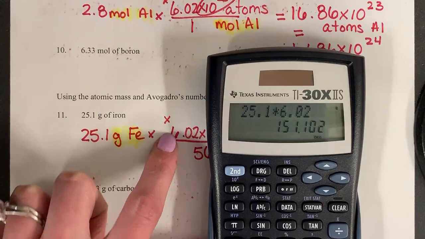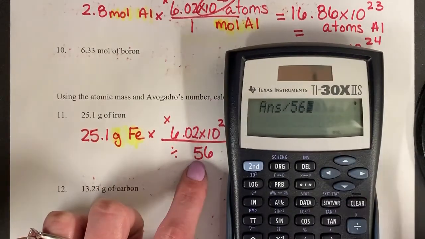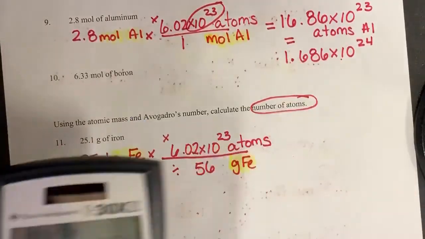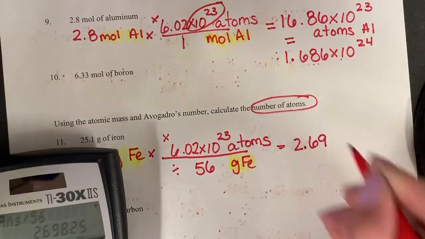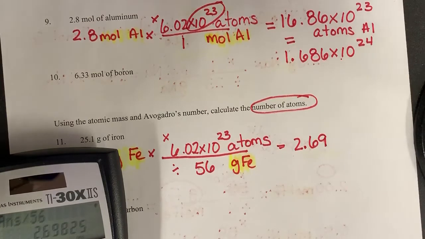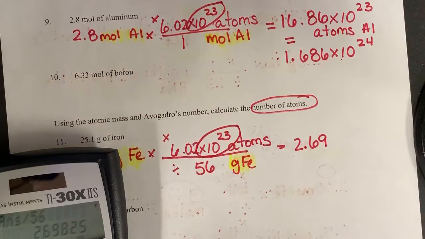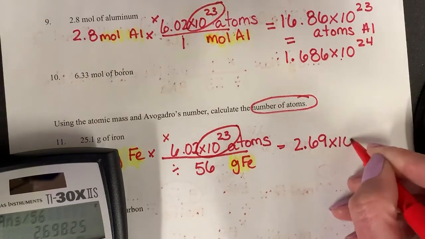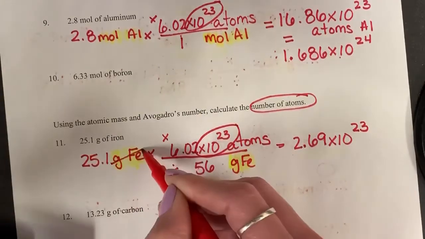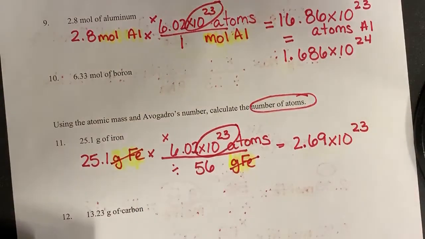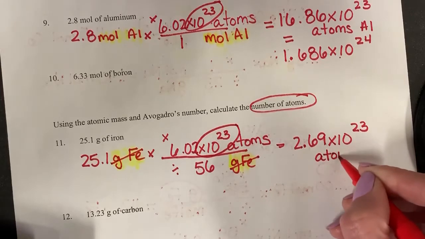I'm taking that answer, dividing it by 56. So I get 2.69. I cannot forget about this, times 10 to the 23rd. My grams canceled out. I'm left with atoms.